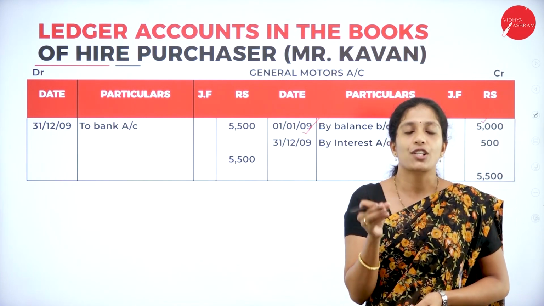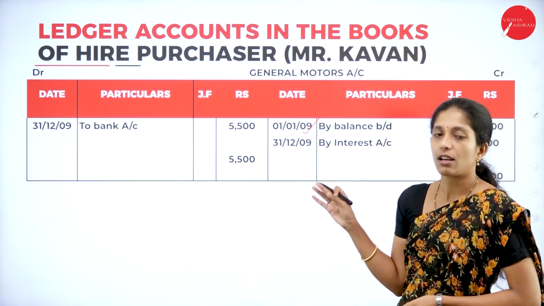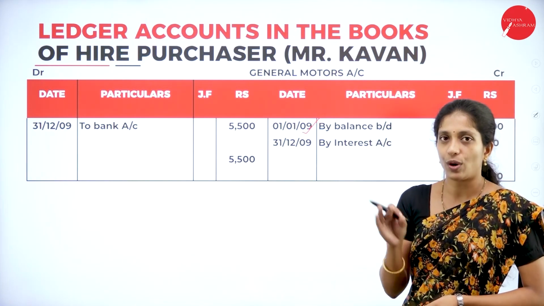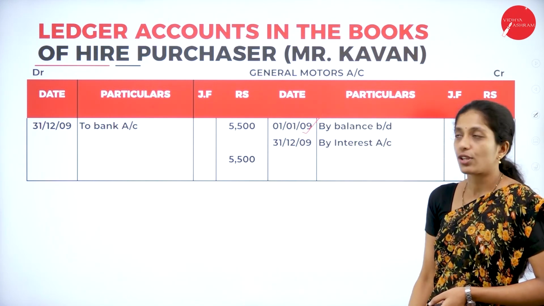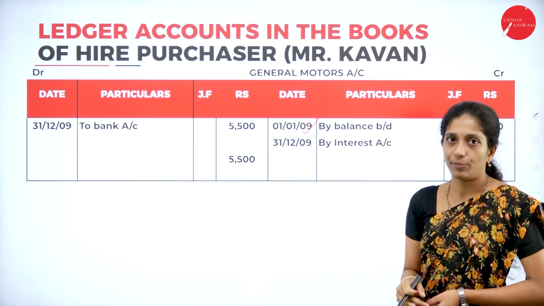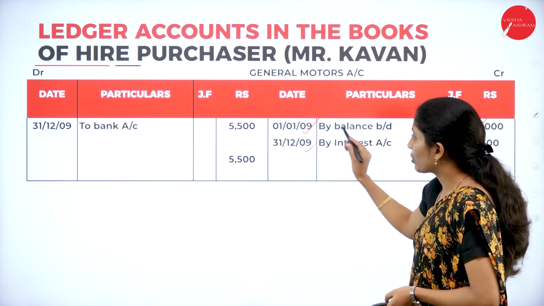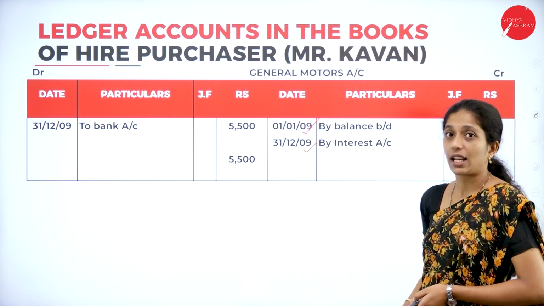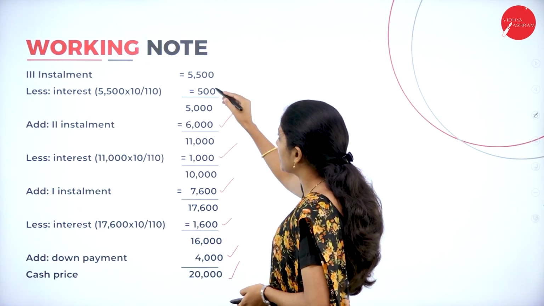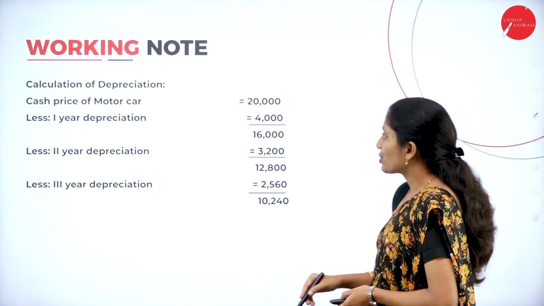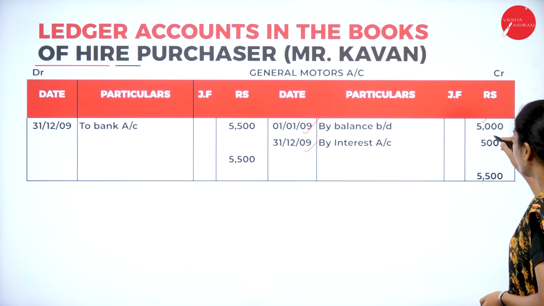So your entry starts from interest due. So here also, in the third year, it is interest due. What is the entry? Interest account debit to hire seller account. Here the hire seller is General Motors. So at the end of 2009, by interest account. What is the third year interest? We have already calculated it. How much? 500. So write that 500.